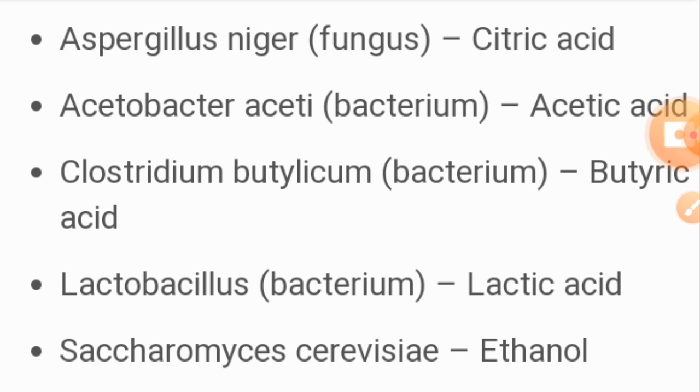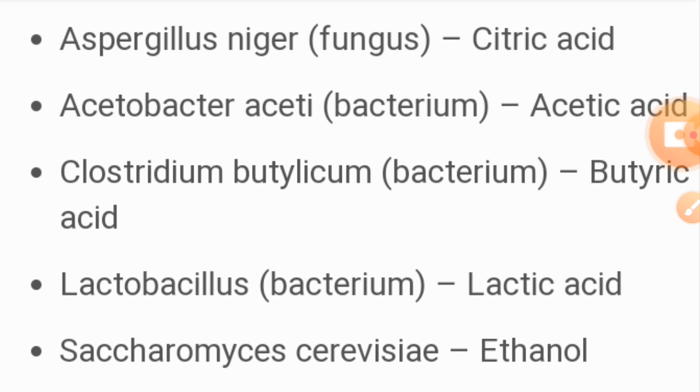It is a bacteria, right? And butyric acid can also be obtained with the help of a bacteria called Clostridium botulinum. And lactic acid, you can get with the help of Lactobacillus.